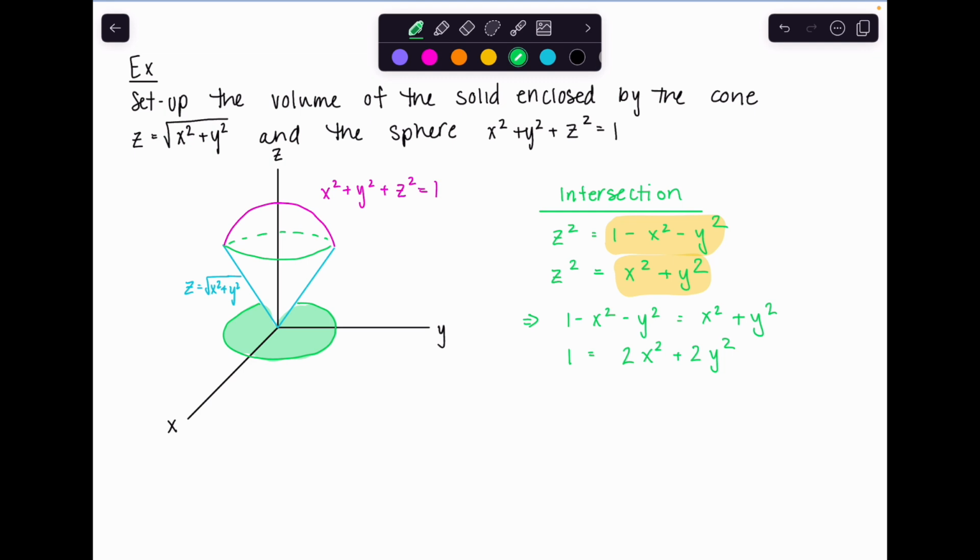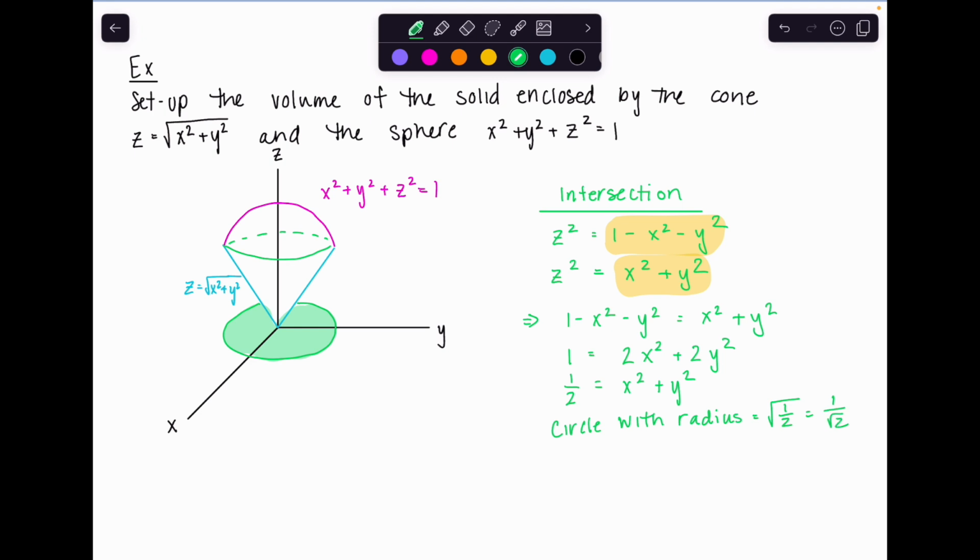I know it's some kind of circle, but I need x squared plus y squared by itself, so bring over the 2. So this is really a circle with a funky radius, which is the square root of a half, or 1 over root 2.